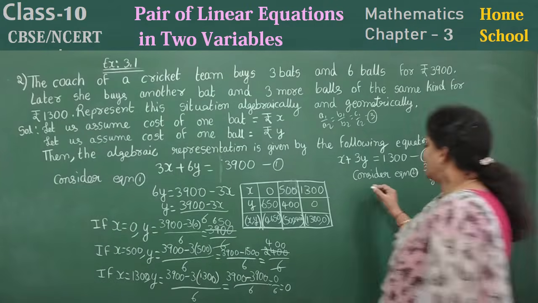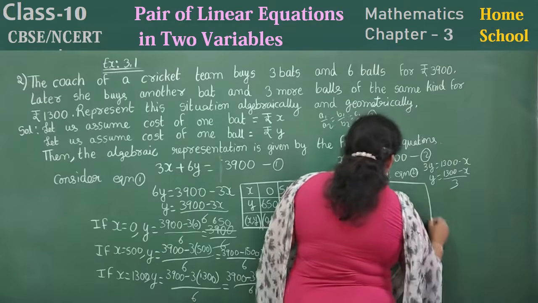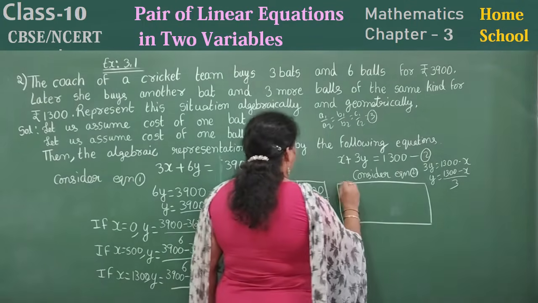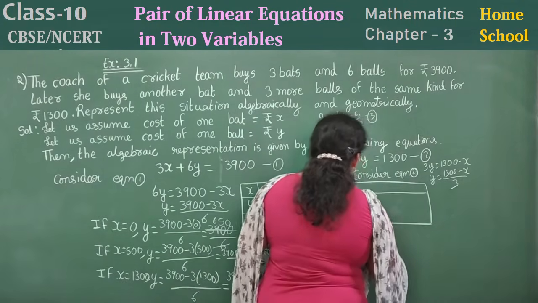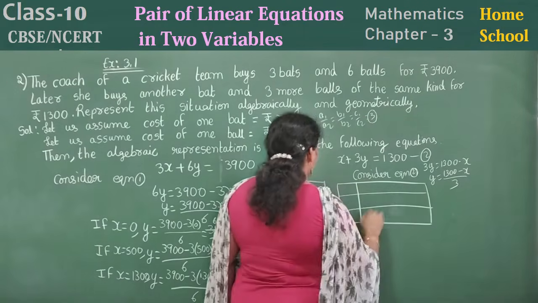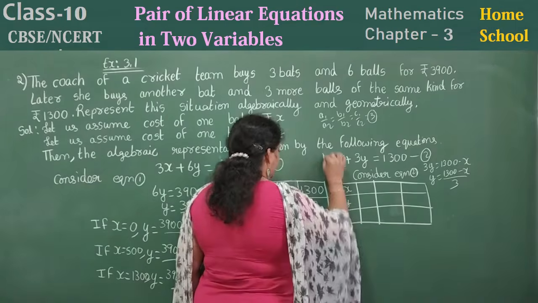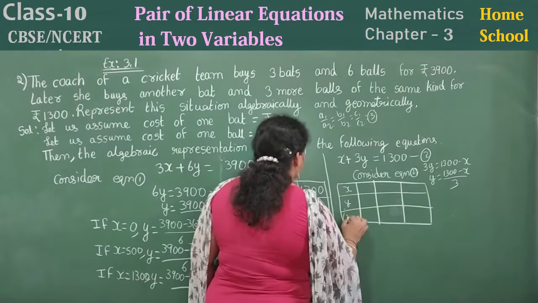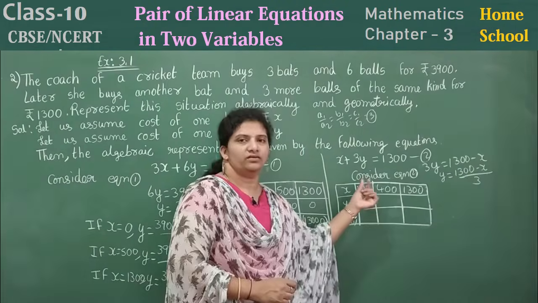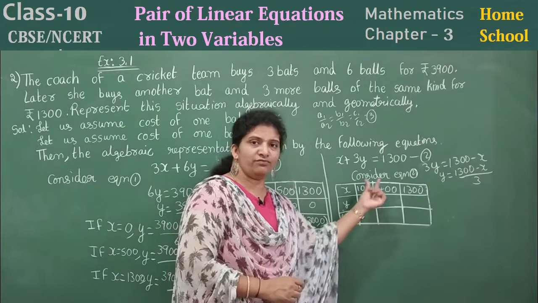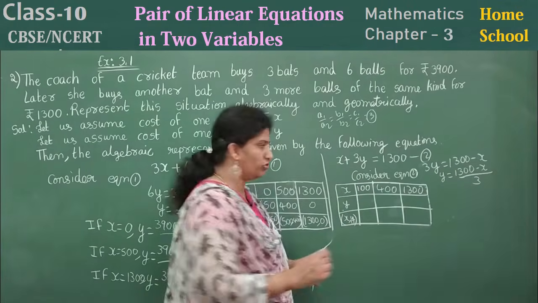Okay. Now again a similar pattern. You take one more table having 3 rows and 4 columns, x, y, x comma y. 3 values, 100, 400, 1300 I am going to take, children.